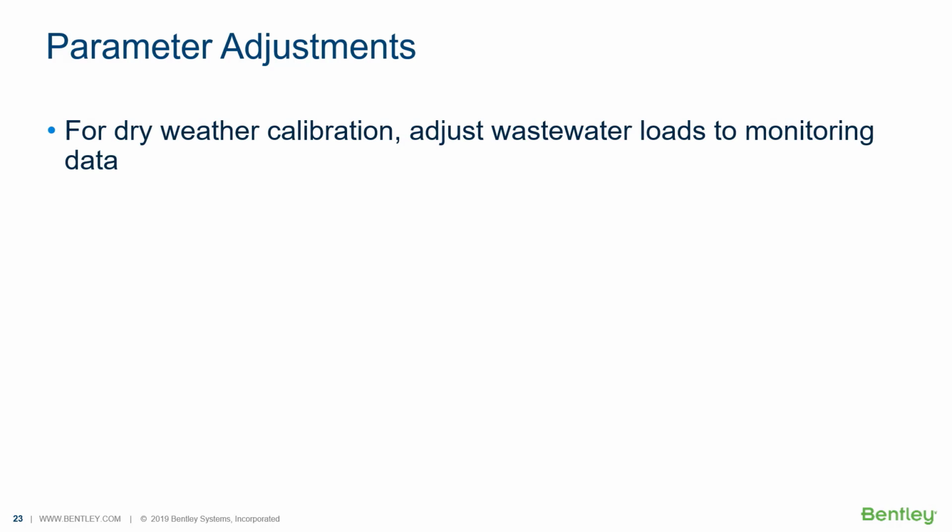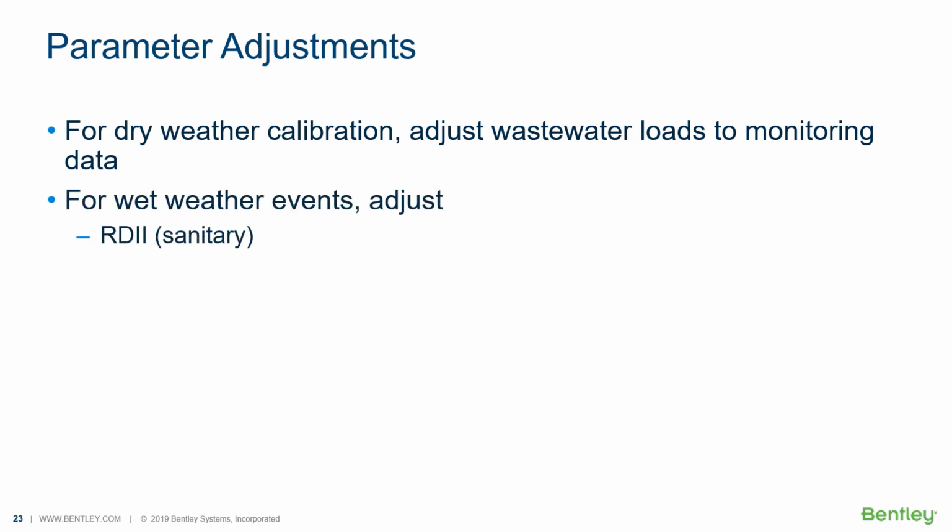Okay, so now let's look at how we calibrate the model. We've got our data now. We know why we're doing the study. So dry weather calibration for sanitary systems is adjusting the wastewater loading to meet the monitoring data. And for wet weather conditions, it's different between a sanitary system or a combined/storm system. You need to do some real hydrology.